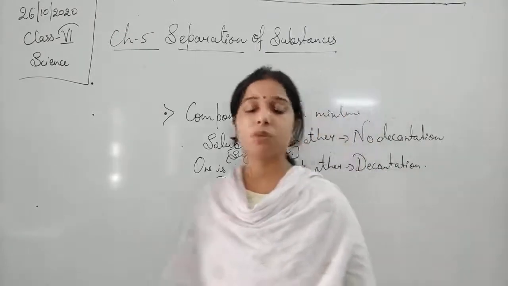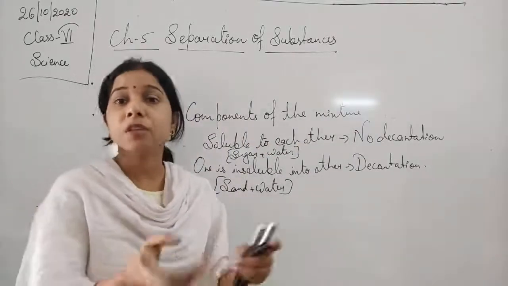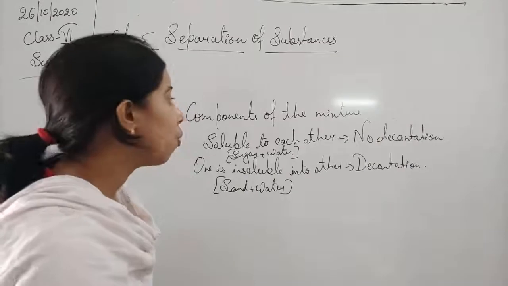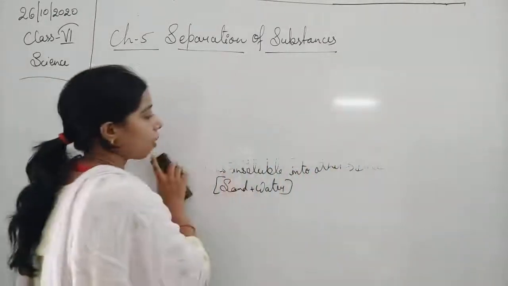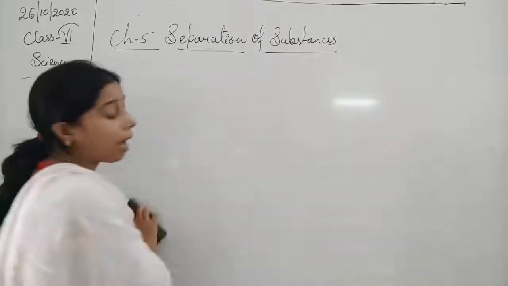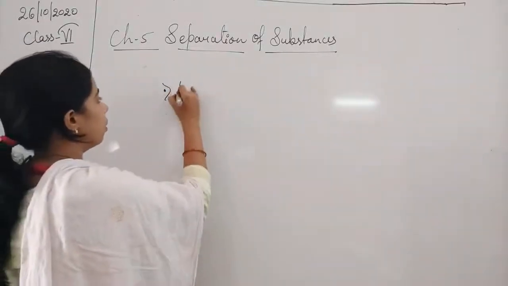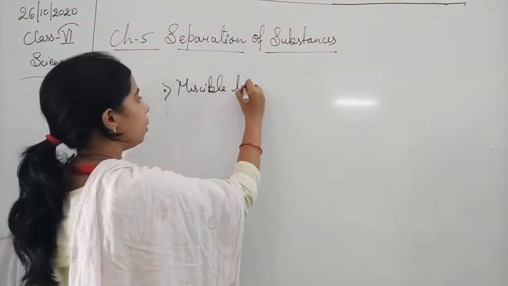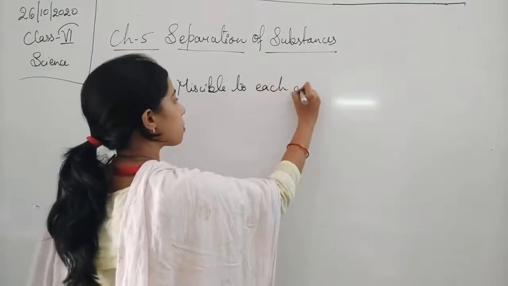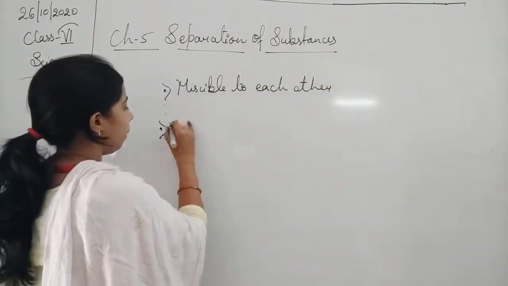Not only this, students, suppose we take the example of two liquids mixed together. There is also a condition for carrying out decantation: one liquid is miscible and another is immiscible.